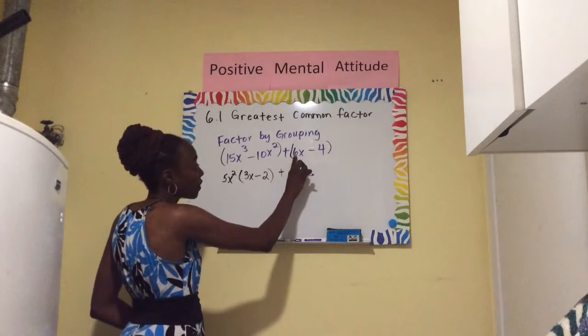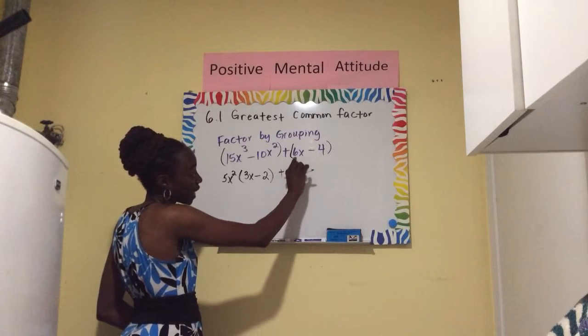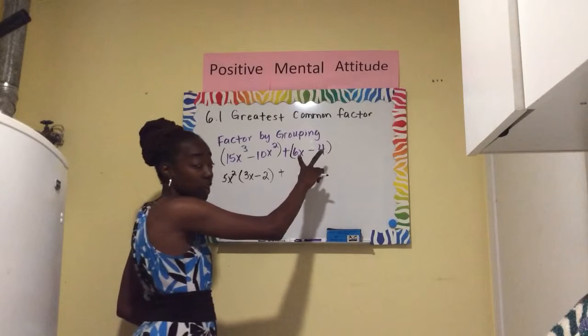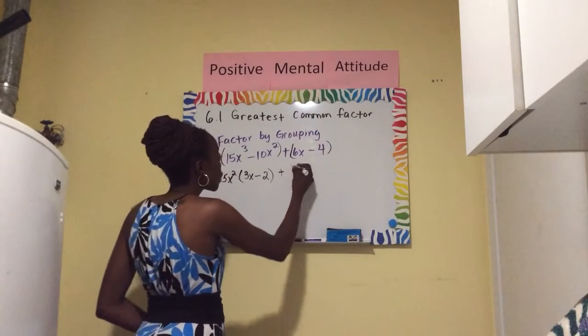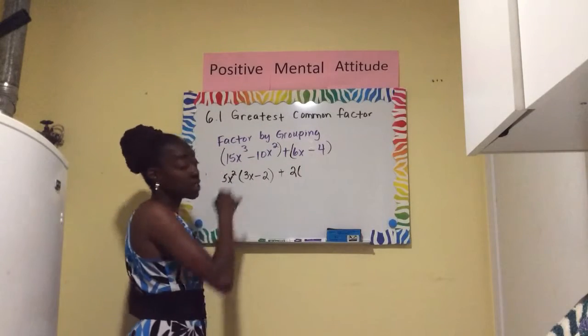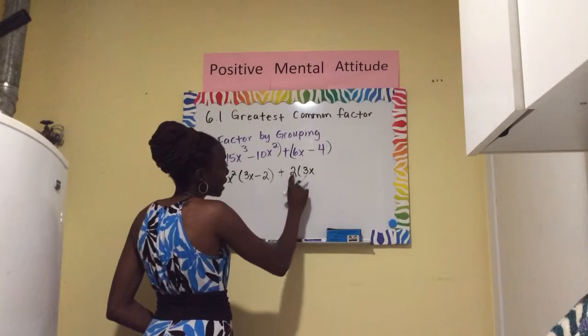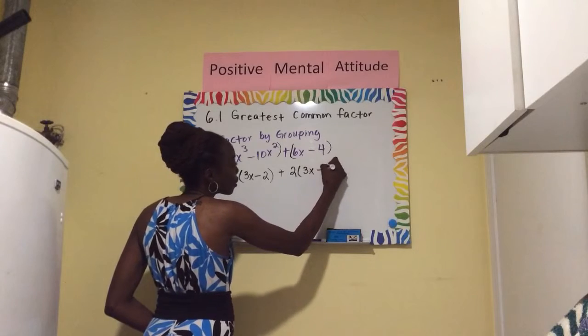You factor out what you have alike. In this case, you have a 6 and a 4, and the greatest common factor between 4 and 6 is 2. So you pull your 2 out and see what you have left: 2 goes into 6x giving 3x, and into minus 4 giving minus 2.